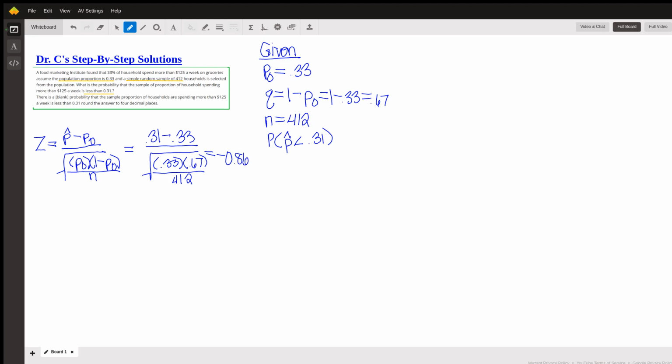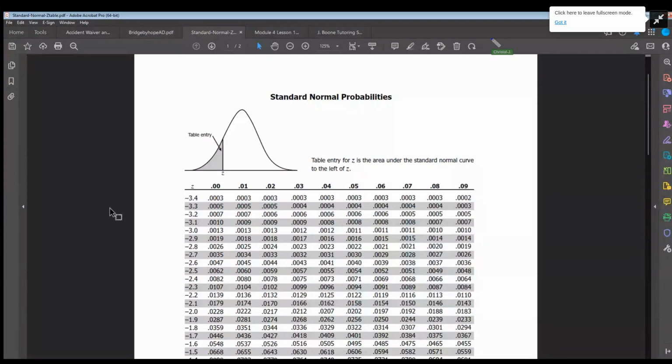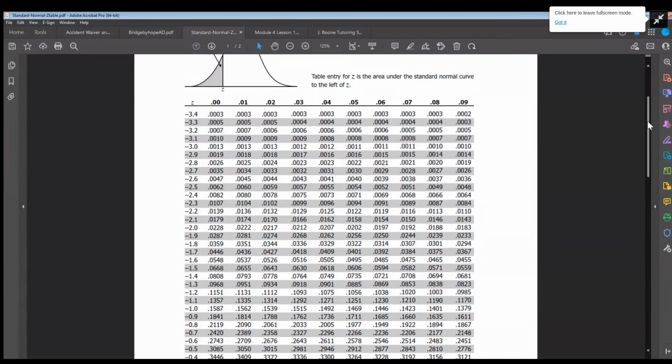So if we go to something like a z-table chart specifically, and we look up negative 0.86, so we're in the negative section, we go 0.8, and then this last one is 0.06, and we pretty much match rows and columns. That gives us 0.1949.